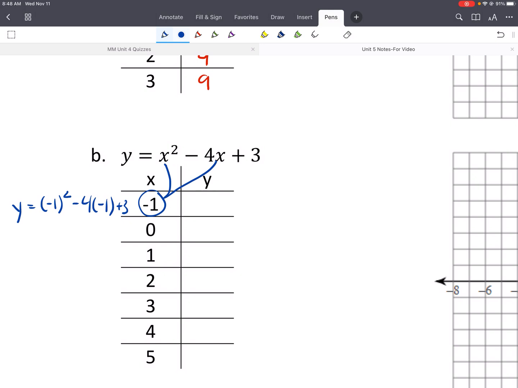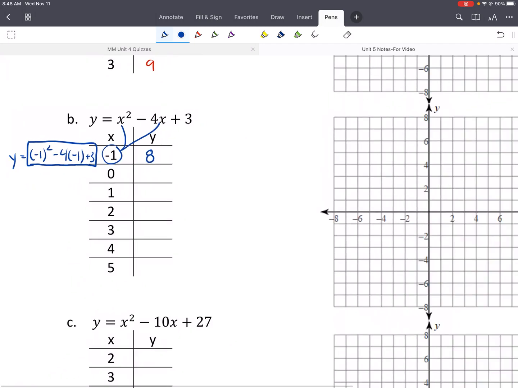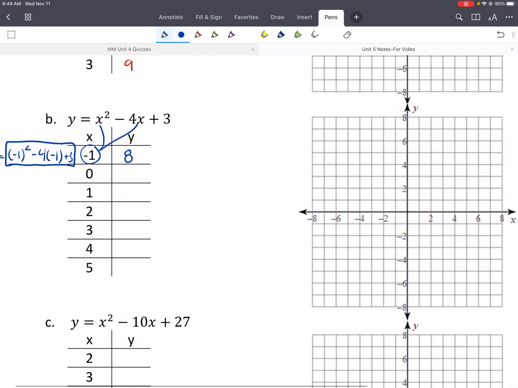But you could take this part and plug that into your calculator, and you would end up getting 8. And there's nothing wrong with that. But the idea for today is to try and figure out some sort of pattern that we can notice so that we can graph a little easier. So here we could plot that, -1, 8, which is right here.